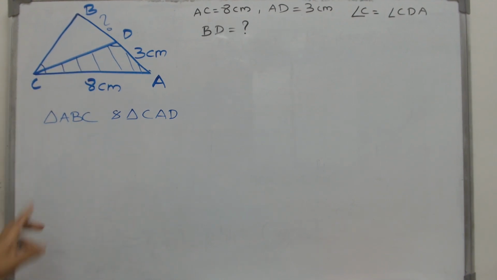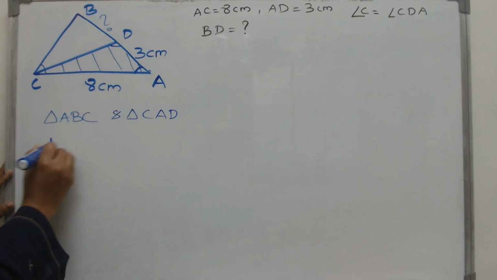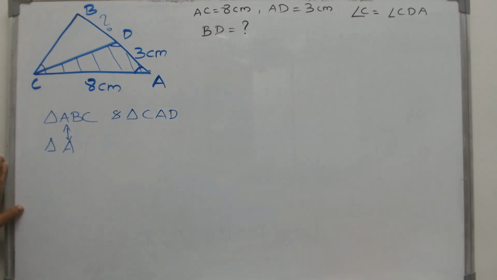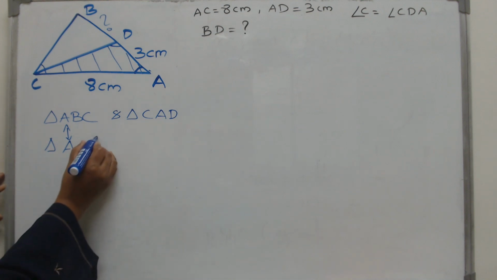Now, can we prove that these two triangles are similar? Is there any way to prove? Look at the angle A. Both of these triangles have A as the common angle. What else? This angle C in the triangle ABC and this angle D are equal to one another.